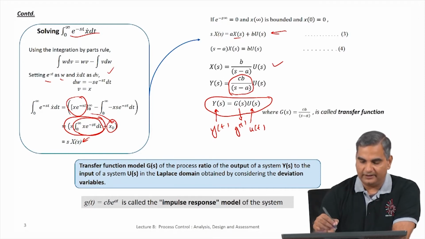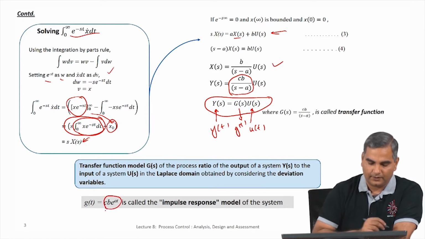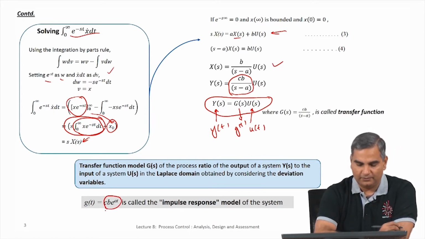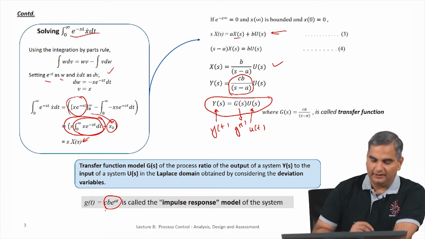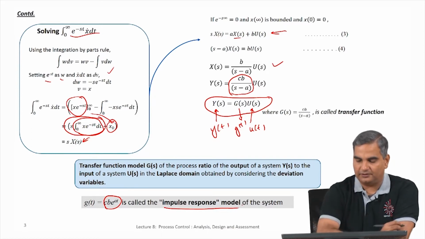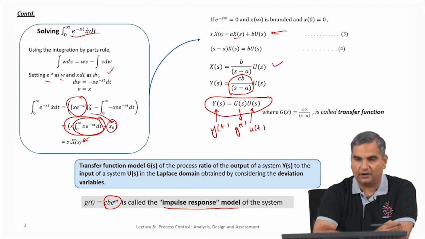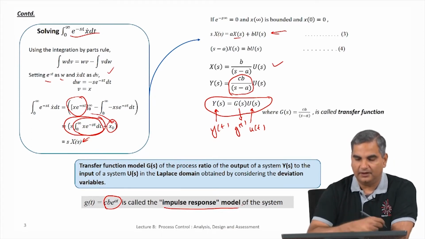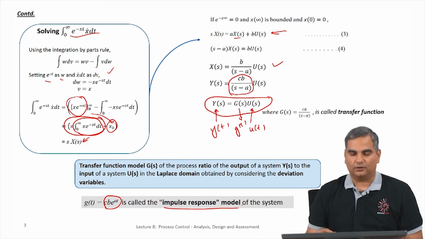Now, we will see later that if your function is of this form, then that would have come from a g of t of this form C b e power at, and this C b e power at is called the impulse response model of the system, and we will see why this is called the impulse response model of the system as we go forward in this course.